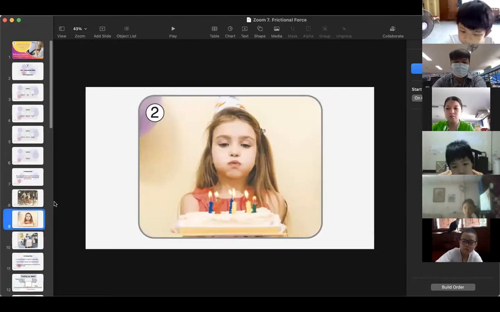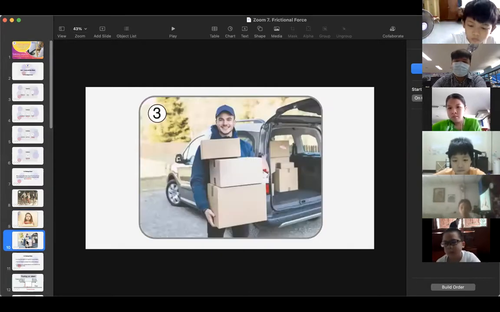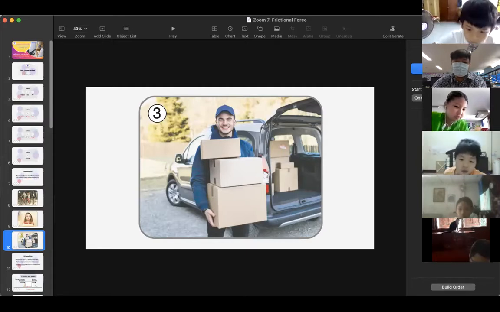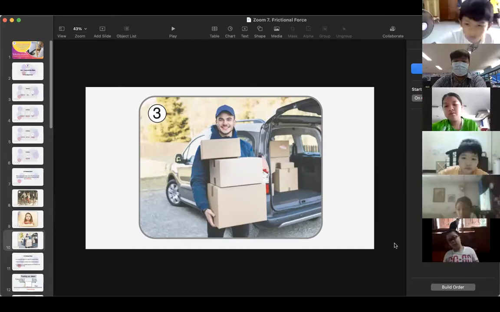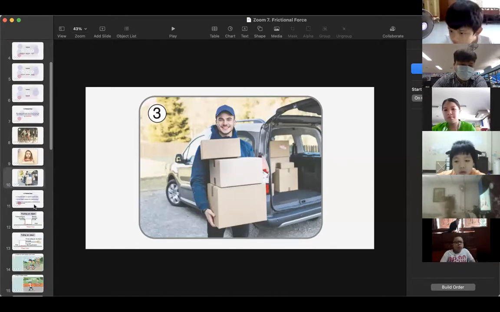Where is the friction force in the second picture? There's no friction force here. Okay. How about this one? Where is the friction force in the third picture? The hand carrying the box. So you understand. Now let's proceed.